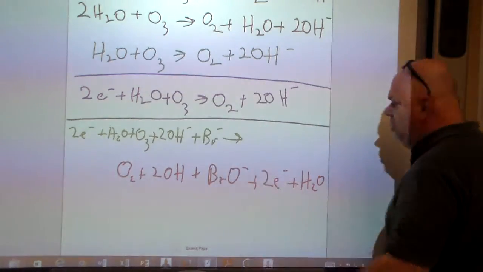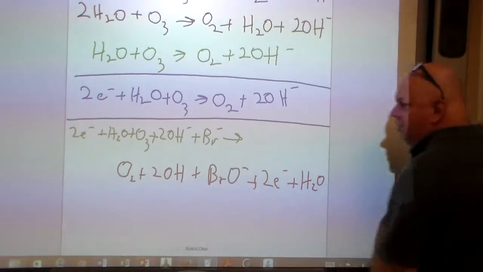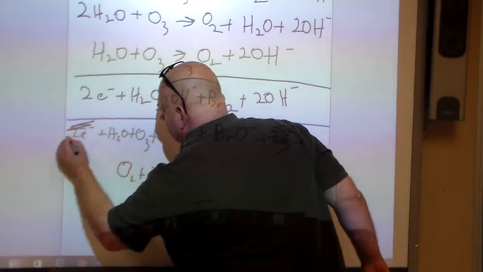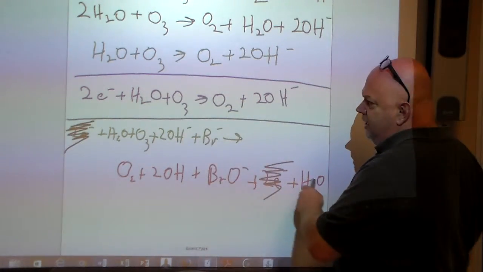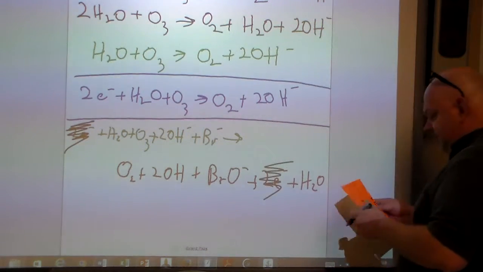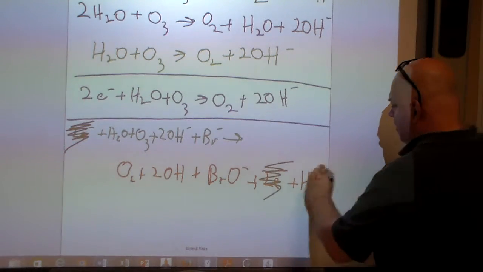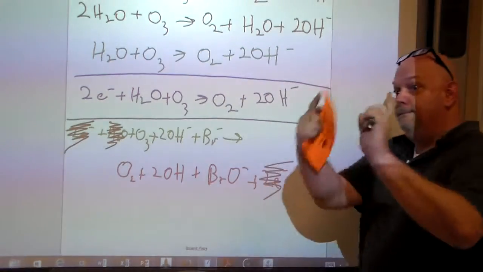Okay, let's do it. What do we have here for our final countdown? Well, we got 2 electrons on opposite sides of the arrow. They get canceled out. Bam! All right, guess what? We got H2Os here, 1 on each side, right? Is that correct? Yep, we do. And that gets canceled out. Bam!